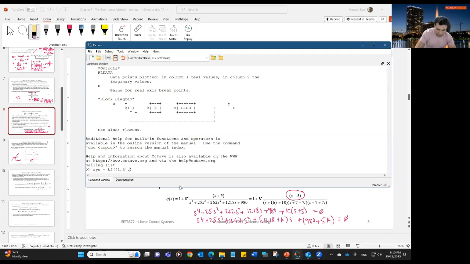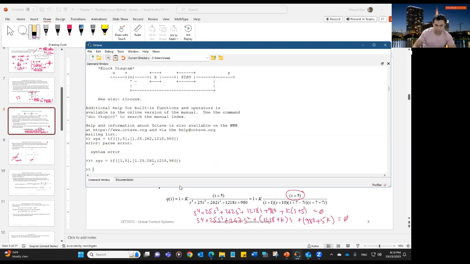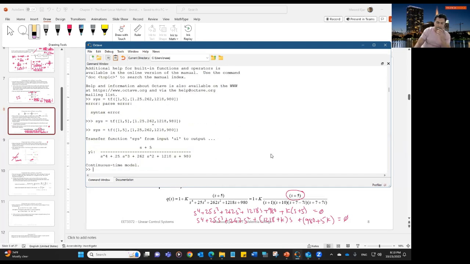And I have s^4, 1, 25, 262, 1218, 980. That's my transfer function.